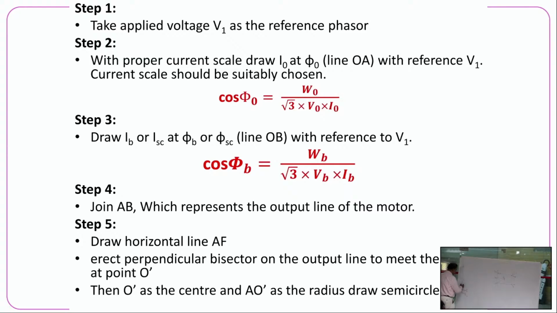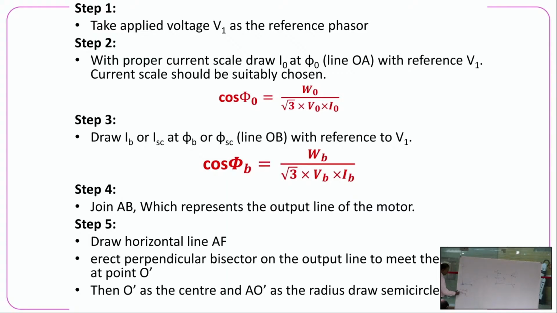From the origin, we draw the no load current I0, OA. OA is the no load current I0. Then we draw OB.